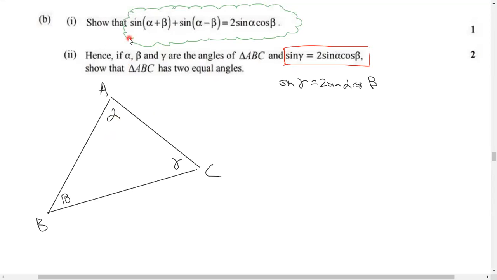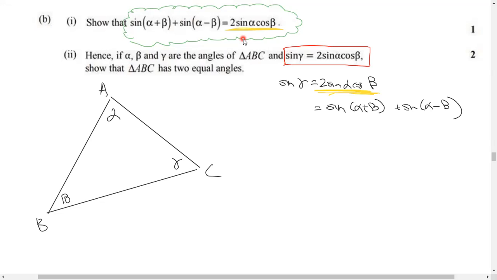You might want to think about how you can use the earlier part and maybe do a bit of close inspection to see how it might be relevant. That's probably a bit of a hint there. So it would appear this question is strongly hinting at you might want to consider the fact that sine of gamma is the sine of alpha plus beta plus sine of alpha minus beta. They've written it in exactly the same form, so that might be helpful.